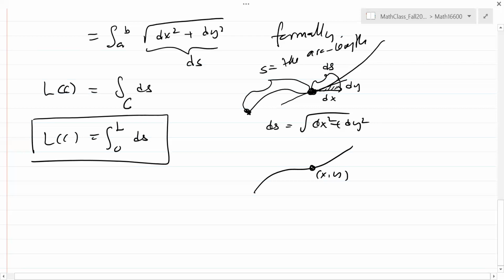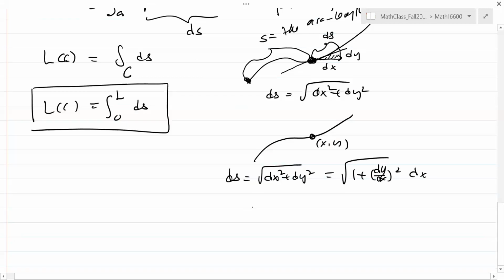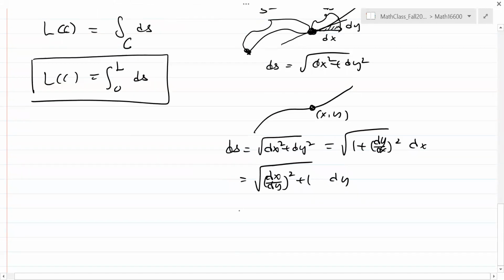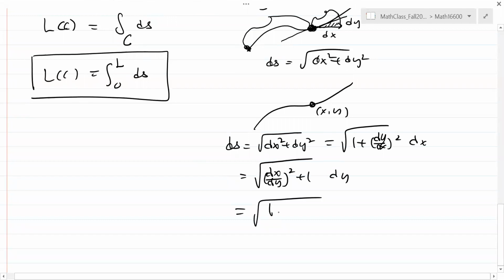So first of all, you have this formula, right? You can take dx out, then you get the square root of (dy over dx) squared plus 1, times dx. But you can also take dy out, that'll be the square root of (dx over dy) squared plus 1, times dy. And if there's a third parameter, you can take t out.